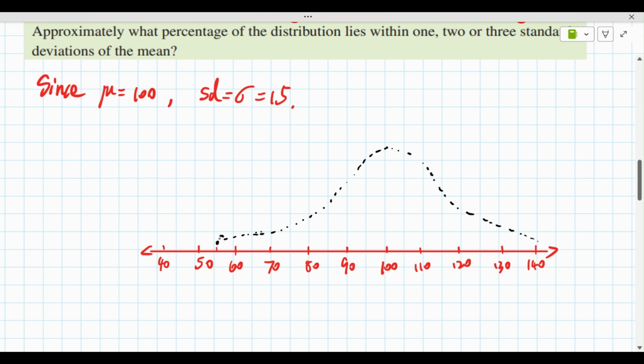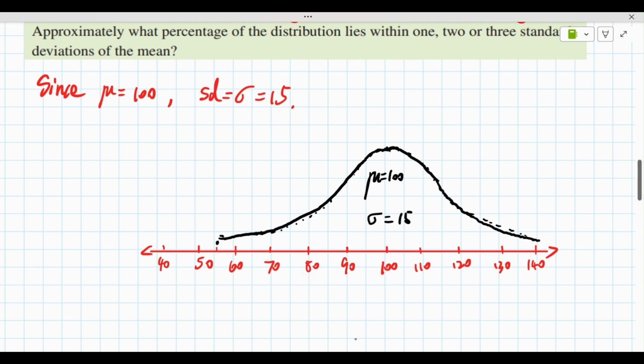The distribution goes from here to here to here. That's what the normal distribution looks like.